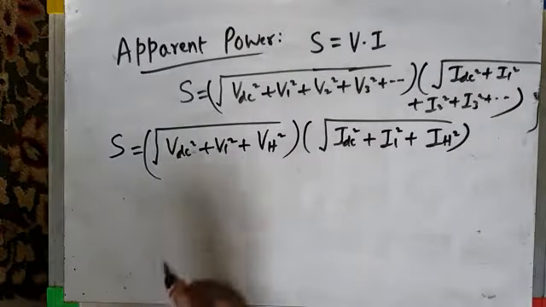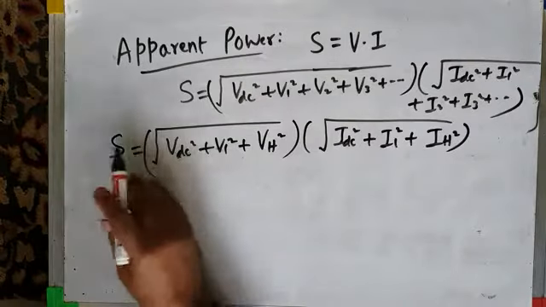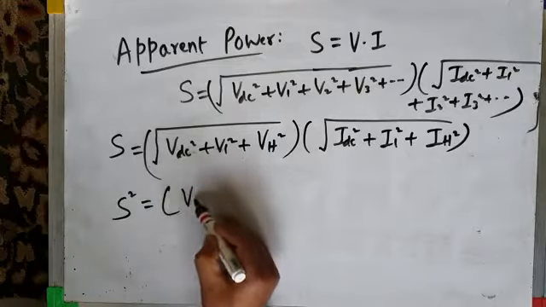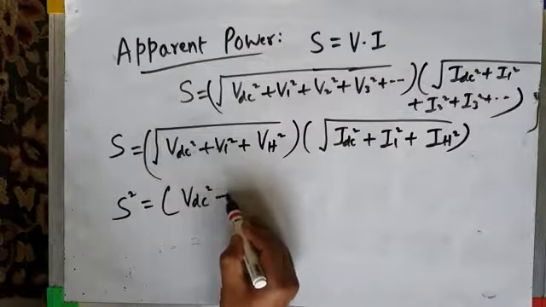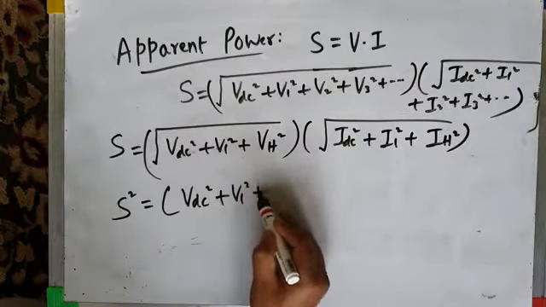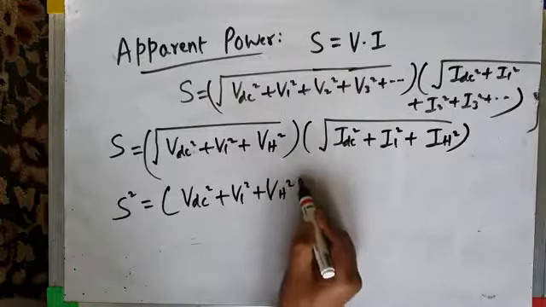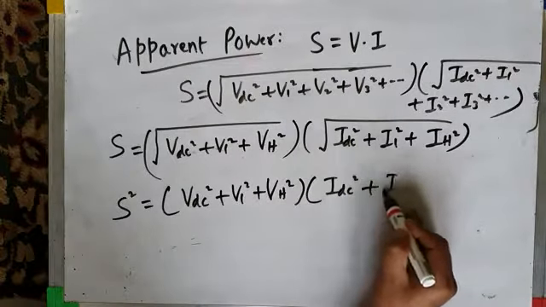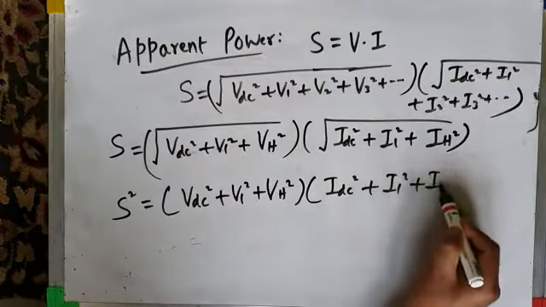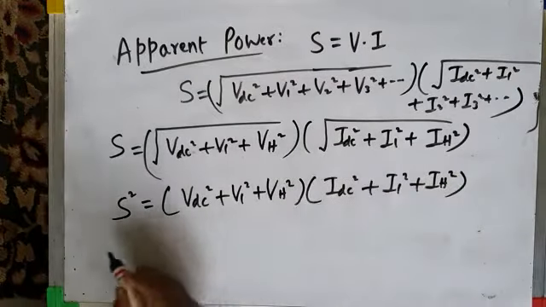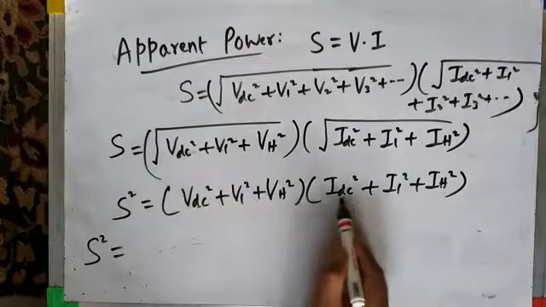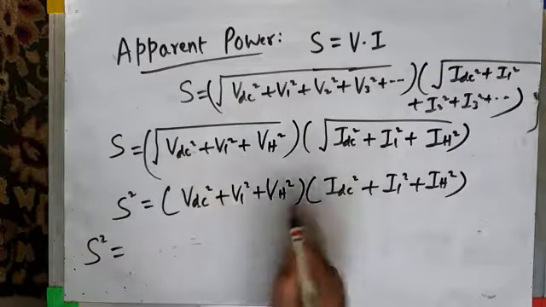Right? So if you find S square, you square both sides. So S square is equal to VDC square plus V1 square plus VH square, into IDC square plus I1 square plus IH square. So S square will be equal to, find the product: VDC square into IDC square, this into this.